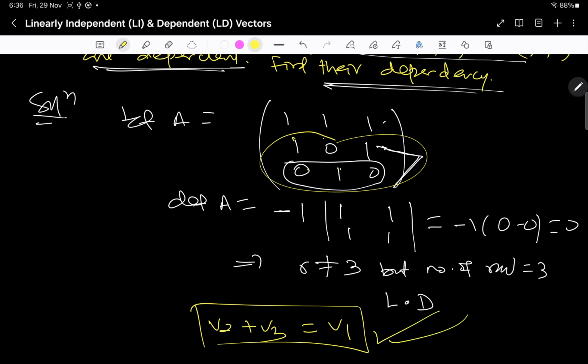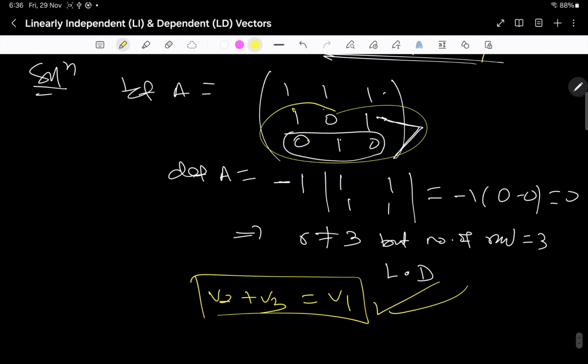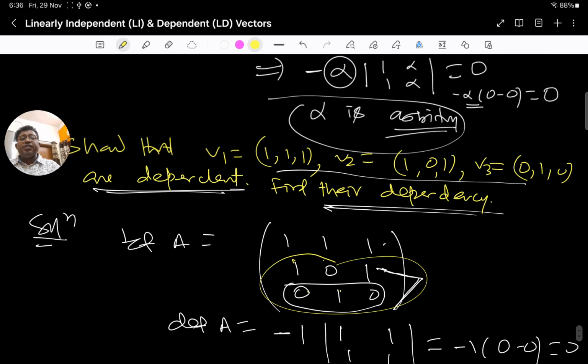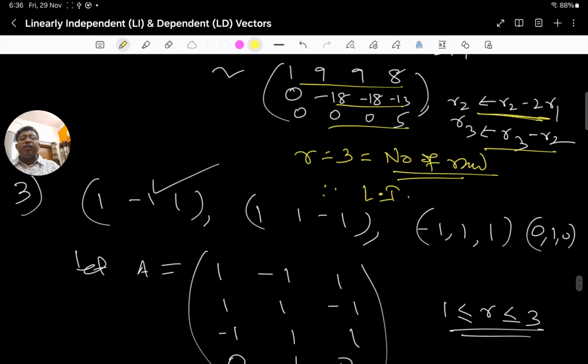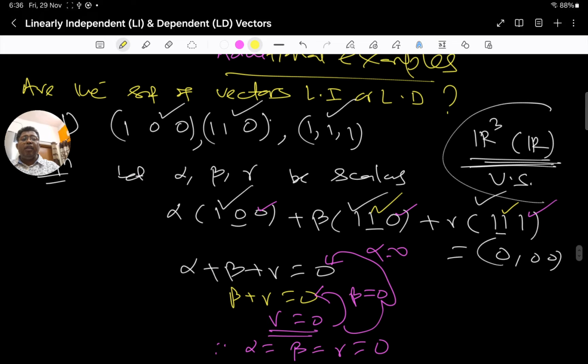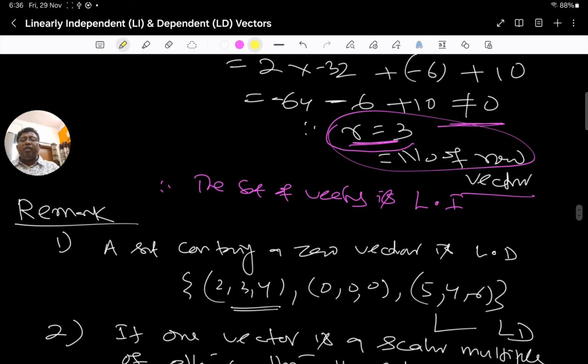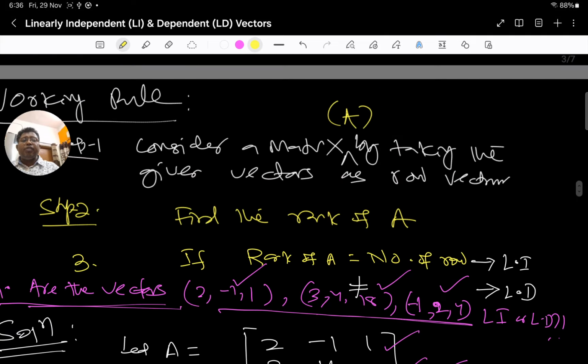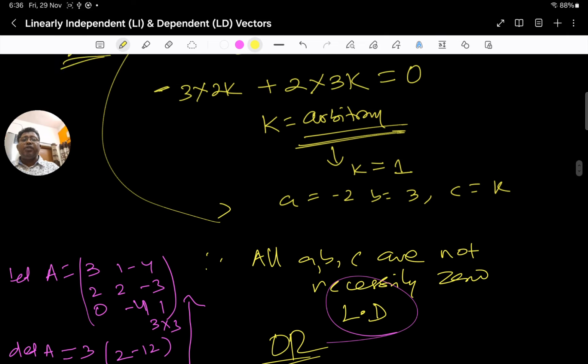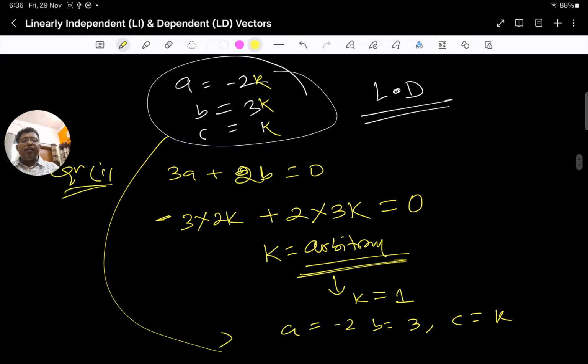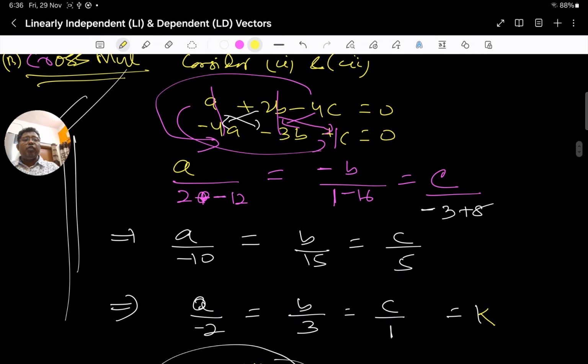So this is what the rank of the matrix is. Now I have discussed the different aspects of rank. If a short question is given, then our working rule by the determinant method is fine. If a long question is given, then you have to think of the definition method, and in the definition method it is better to adopt the elimination technique to get the values of the scalars easily.